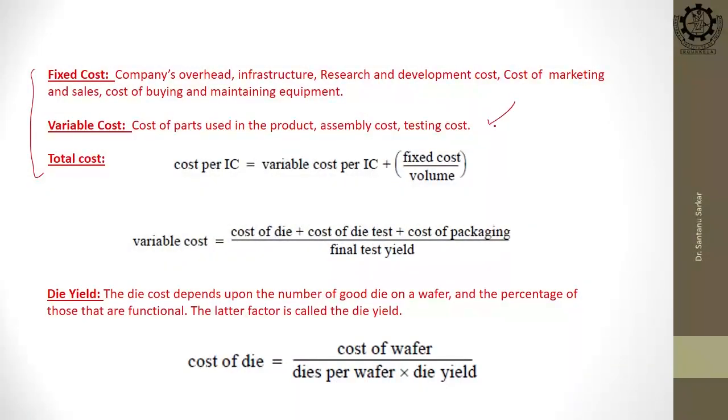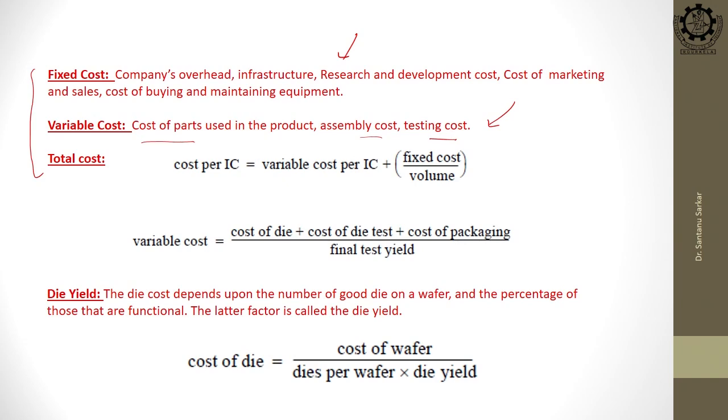But suppose you need more verification engineers, that could vary depending on your project. If it is a big project, you need more. These will add up in variable cost and a few will be in fixed cost. For example, the company's overhead and infrastructure will all be fixed cost. Variable cost is what changes if your number of ICs changes. Assembly cost, testing cost, verification and designer cost will all be variable cost.